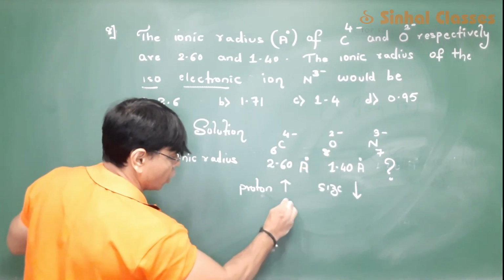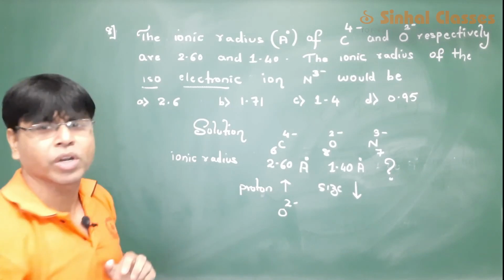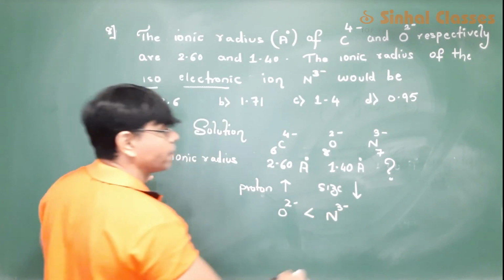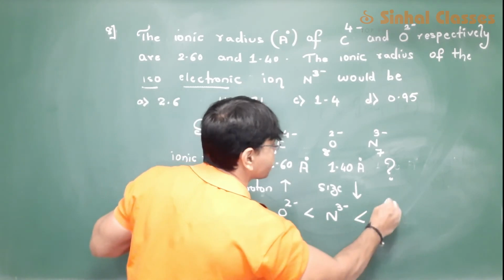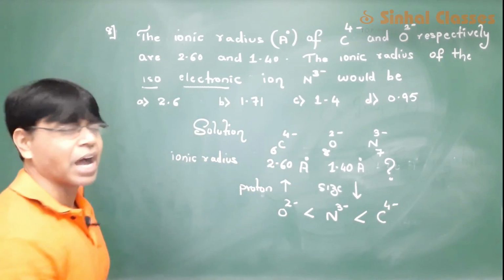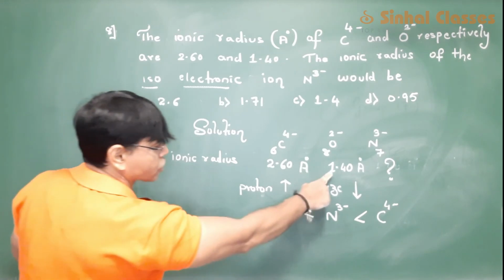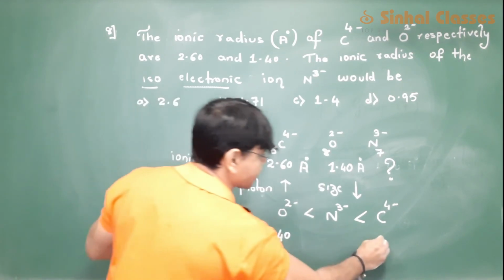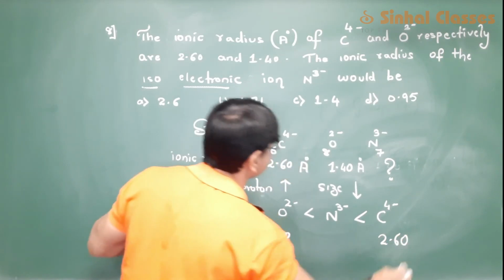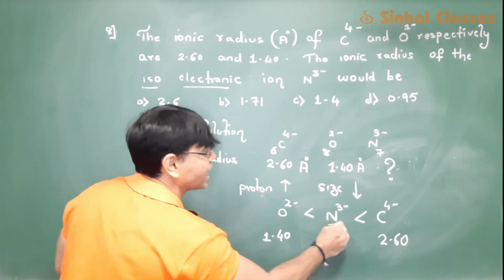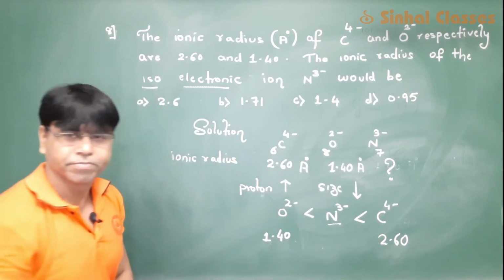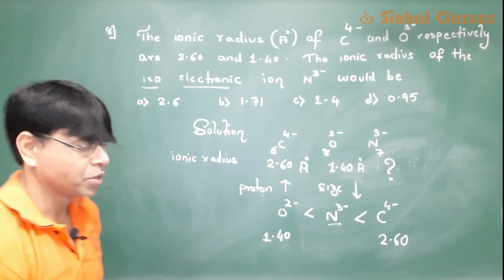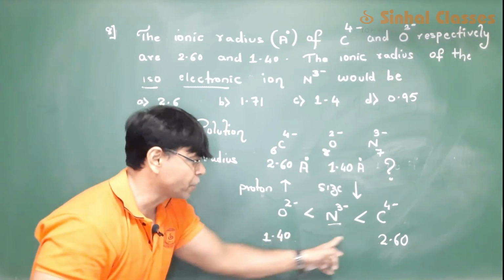That means O2 minus will have the smallest size, then it will be N3 minus, and the largest size will be C4 minus. Now look at it. The radius of oxygen is given as 1.40 and carbon is given as 2.60. So definitely N3 minus should have an ionic radius lying between these two.